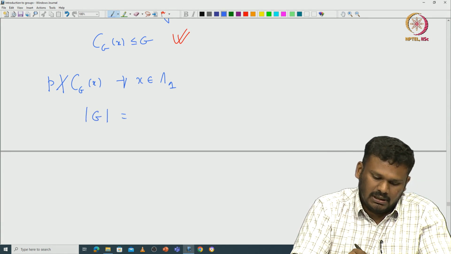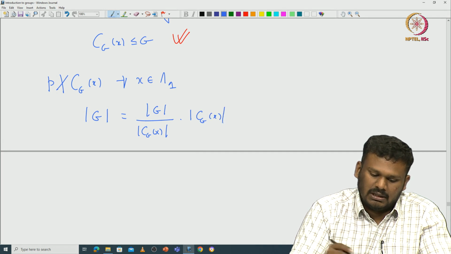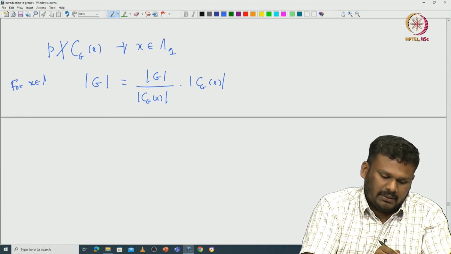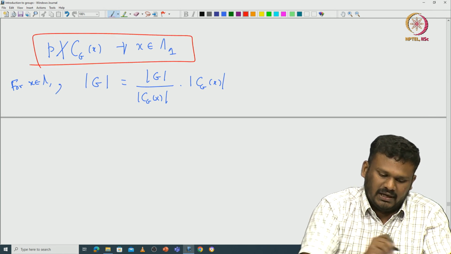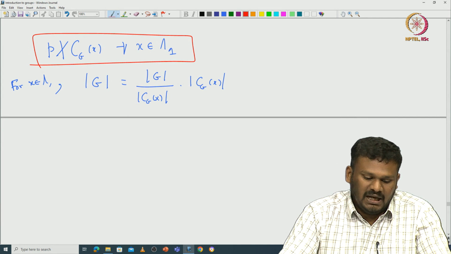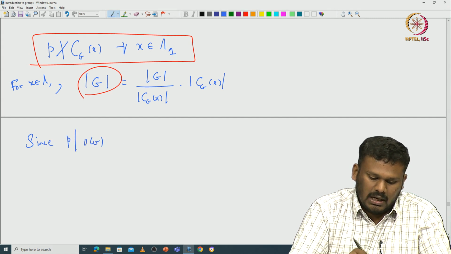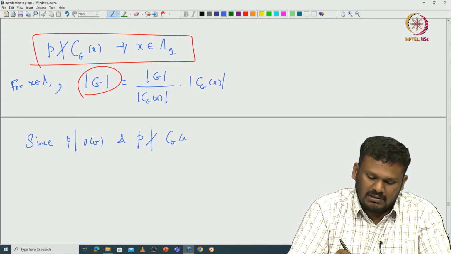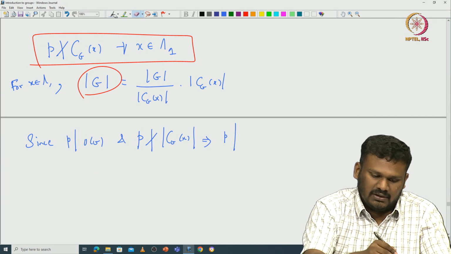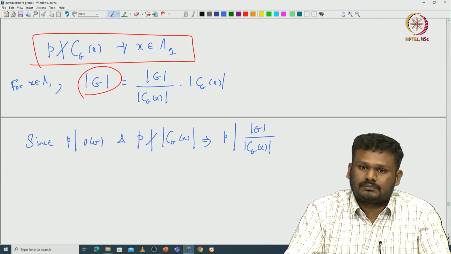The cardinality of G is nothing but the cardinality of G divided by the cardinality of C_G(x), times the cardinality of C_G(x), and this is true for all x. In particular, for x in capital Λ1, with this assumption p does not divide |C_G(x)|, that means the cardinality of C_G(x) is relatively prime to p, but p divides the order of G. Since p divides the order of G and p does not divide |C_G(x)|, that forces p to divide the order of G divided by the cardinality of C_G(x).